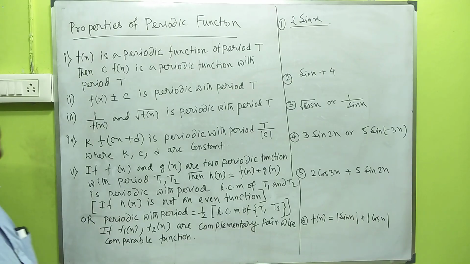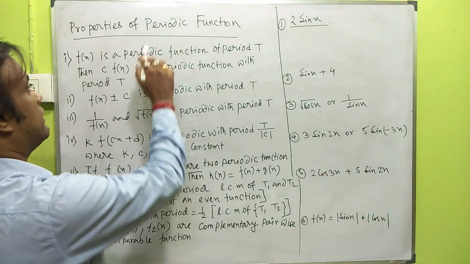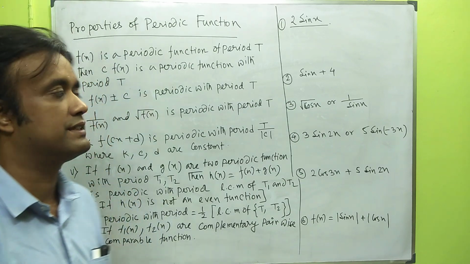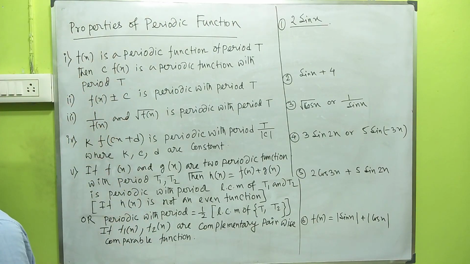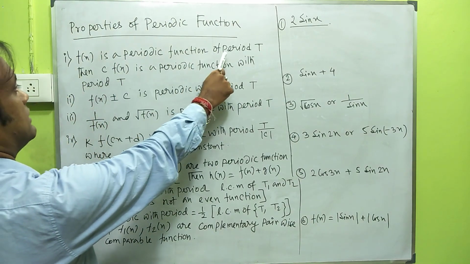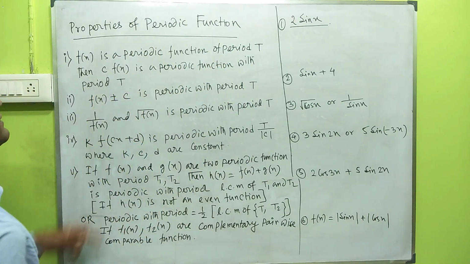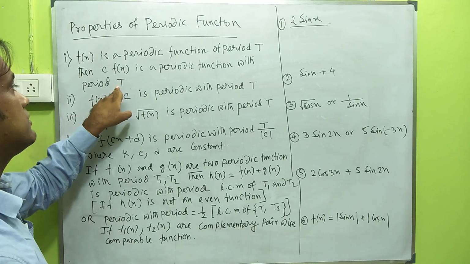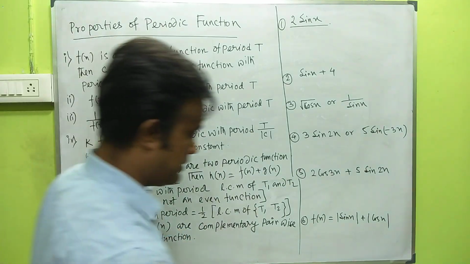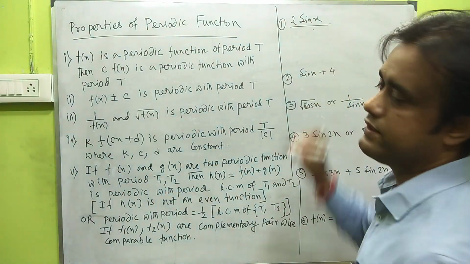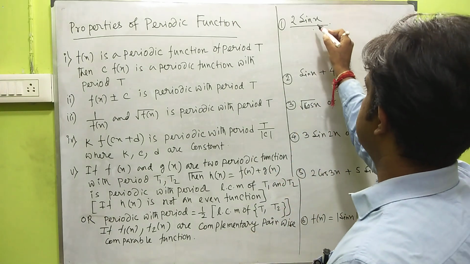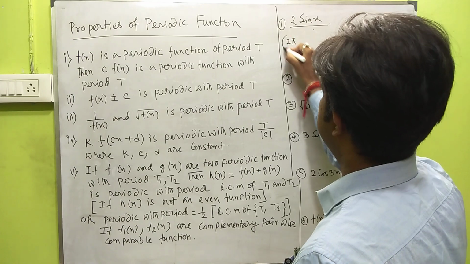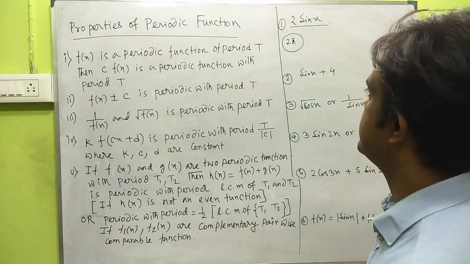Now we discuss some properties of periodic functions, or how we calculate the period of some functions. Suppose f(x) is a periodic function of period t, then c into f(x) is a periodic function with period t. Suppose 2 sin x is a function. We know that the period of sin x is 2 pi.